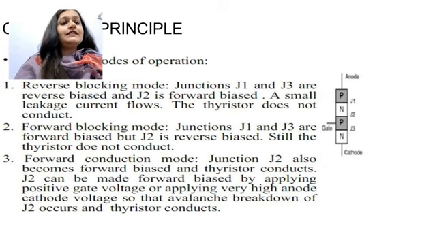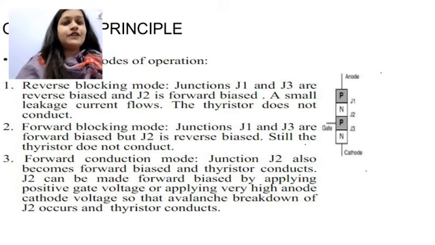So there are three terminals, anode, cathode and gate, and three junctions J1, J2 and J3. We apply biasing and get three modes: reverse blocking mode, forward blocking mode and forward conduction mode. First we use reverse biasing.